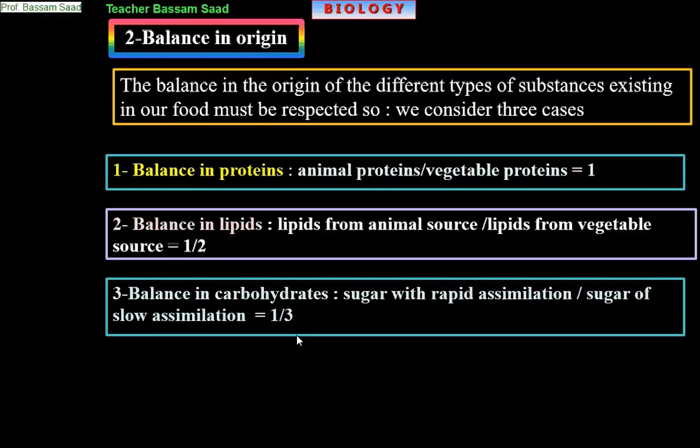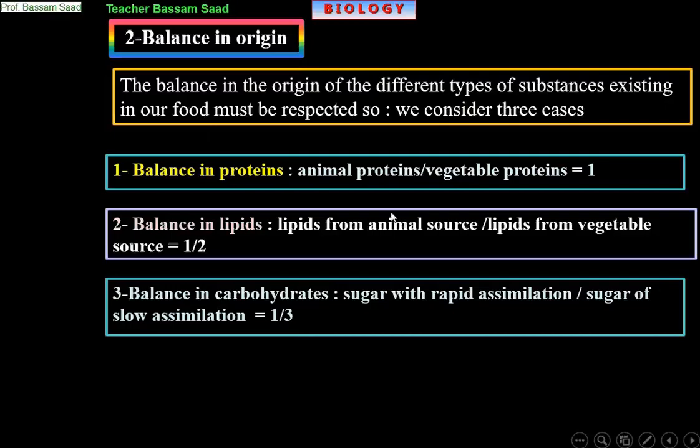Slow assimilation, as a starch, takes more time to be digested and taken by blood. When we say rapid over slow equals 1 over 3, it means that slow times 1 equals 3 rapid. The amount of sugar of slow assimilation must be 3 times greater than the carbohydrates of rapid assimilation. It is important about the balance in origin.